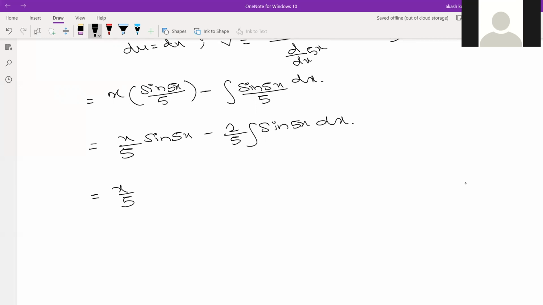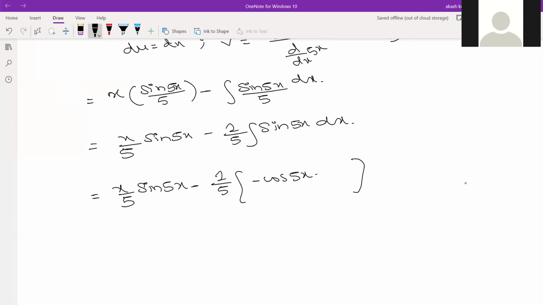So x over 5 sin 5x minus, okay, the minus 1 over 5. The integral of sin 5x is minus cos 5x, right?